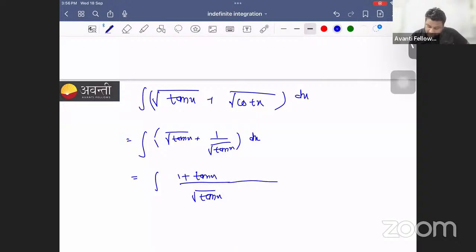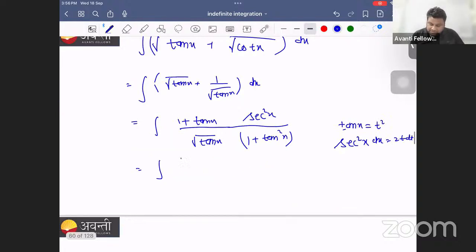Now, let's do one thing. Multiply and divide by secant square x. And in the denominator of the secant square, write it 1 plus tan square x. Got it? Now, take tan x as t square. Then sec square x dx will be 2t dt.